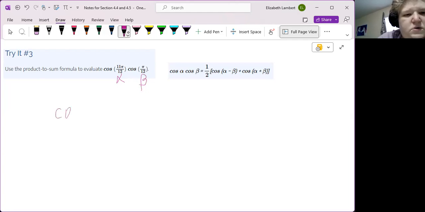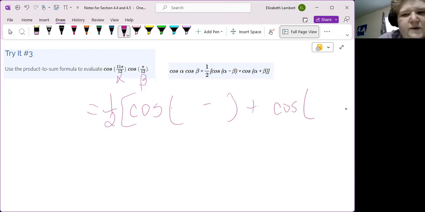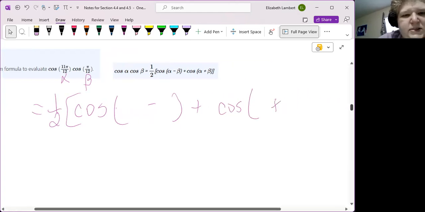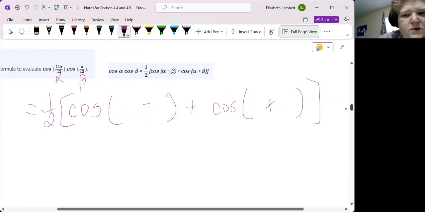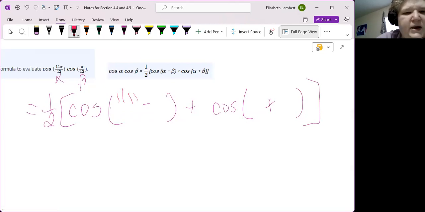So it equals 1/2 cosine of thing minus thing plus cosine of thing plus thing. All right, thing number 1, 11 pi over 12.